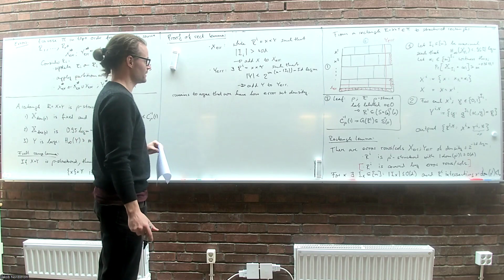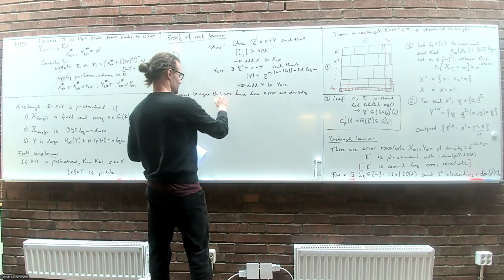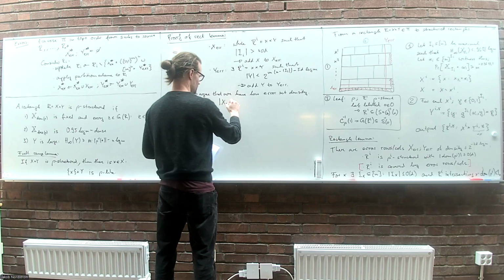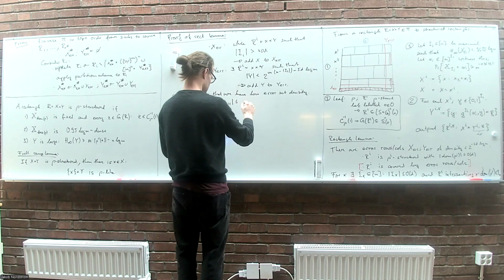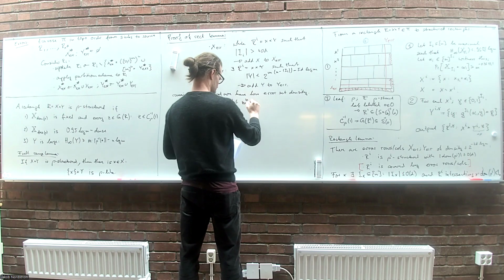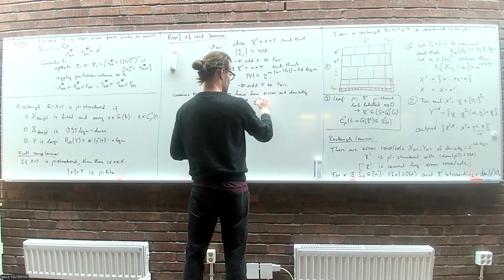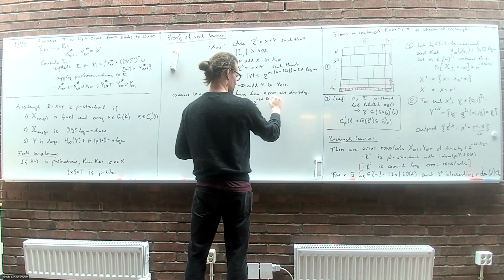All right, so let's start with the x side. So what do we want to show? We want to show that the size of x error is bounded by 2 to the n times 2 to the minus 2d.